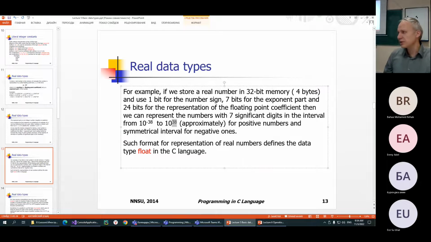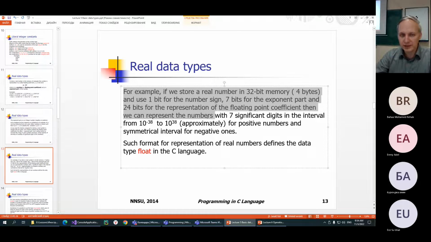That is a rather large number, but the number of digits after the decimal point is not very large, just 7. And in some cases, it's not enough to represent real numbers with high precision.